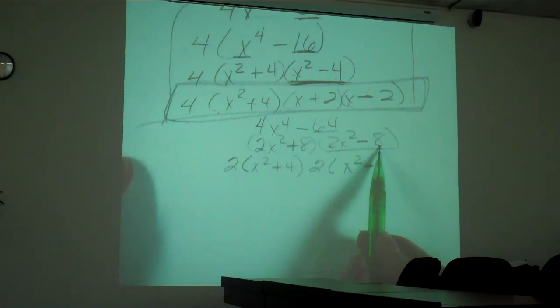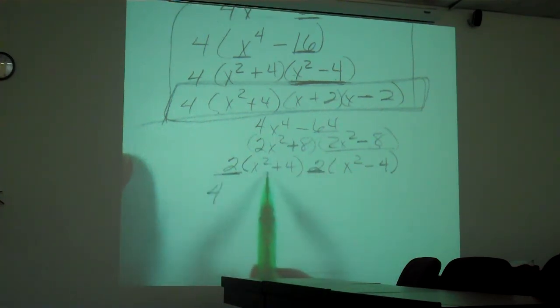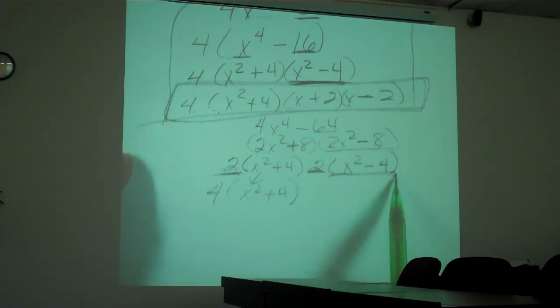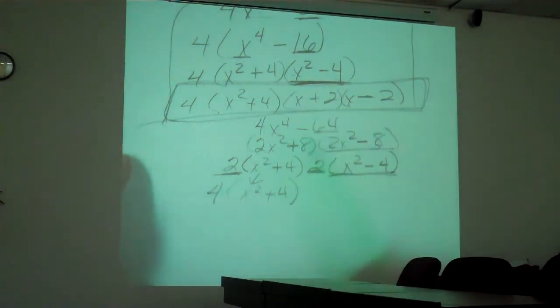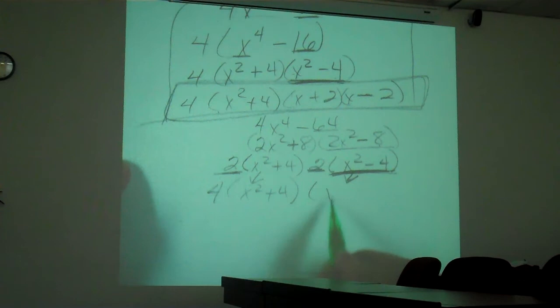Minus 4, right? Okay, 2 times 2, we'll put the 4 in the front. And then bring x squared plus 4 down here. We could bring this one down, or if you want to have it where it's the same number of steps as this, we could go ahead and factor this. X squared minus 4 factors into x plus 2, x minus 2.